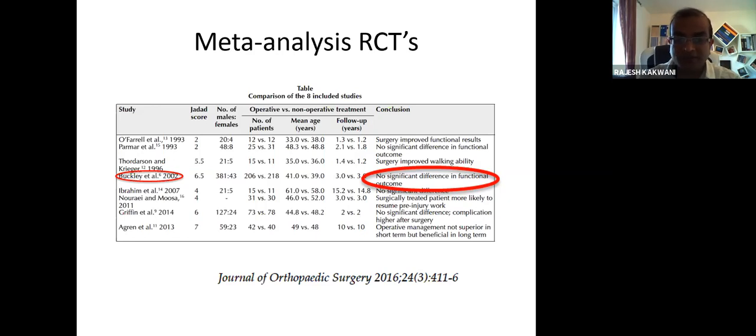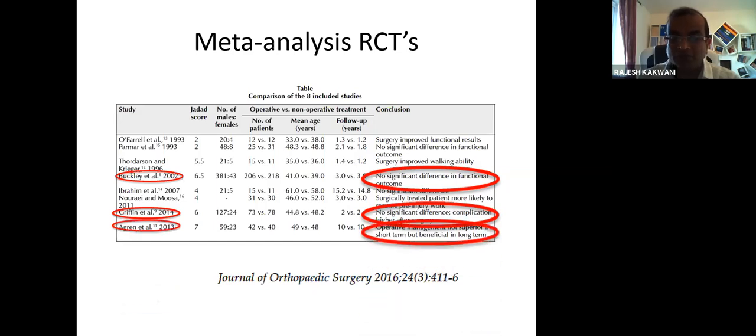Although when they did subgroup analysis, they found poor prognosis in males as well as patients who have workers' compensation involved. Then the biggest trial that you need to know for your exam is the UK HEAL trial, which again showed that there are no significant differences between the outcomes of operative and non-operative management, although the complications are much higher after surgery.